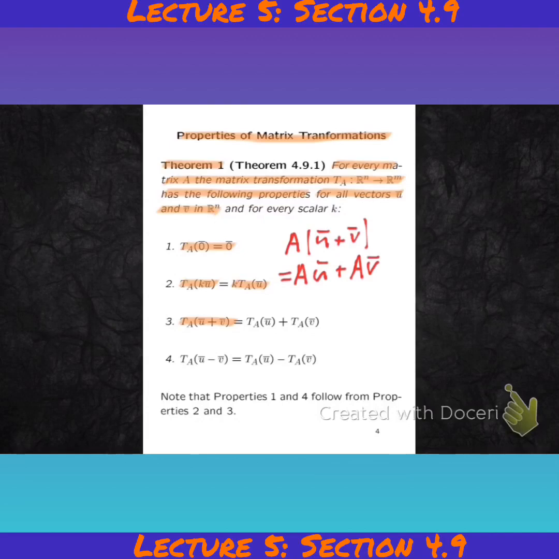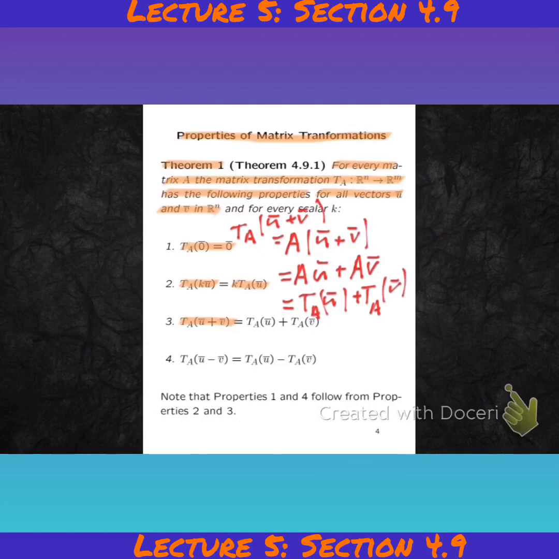Okay, so that is TA at the point U bar plus V bar, and that is TA at the point U plus TA at the point V. Okay, so that is easy to see.